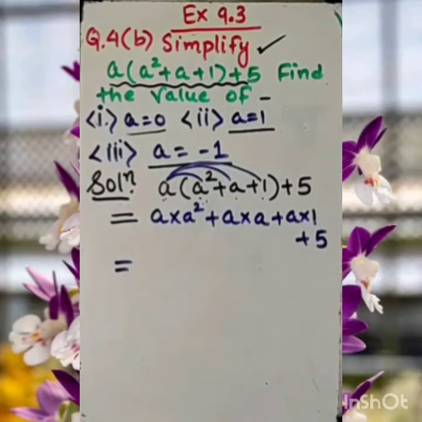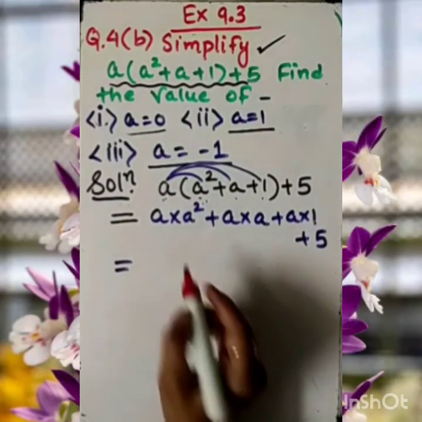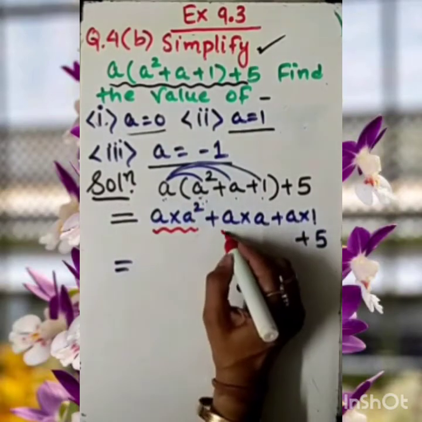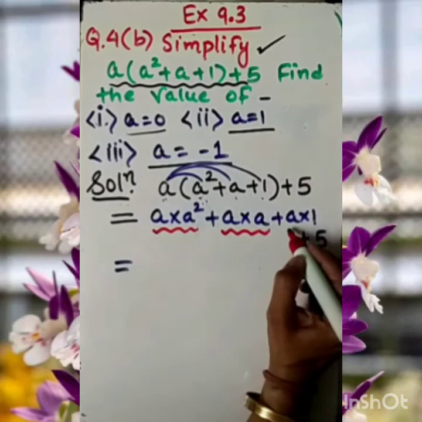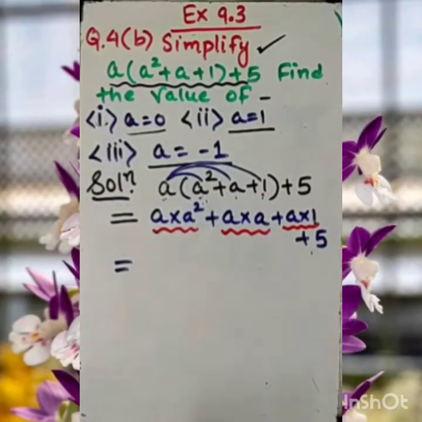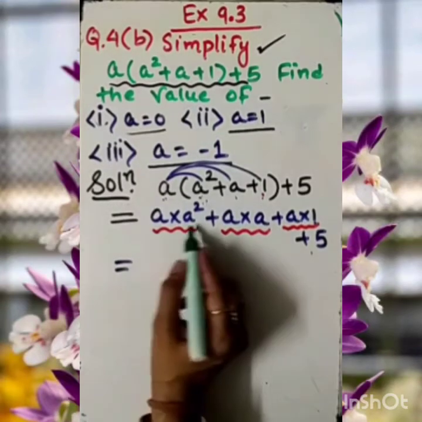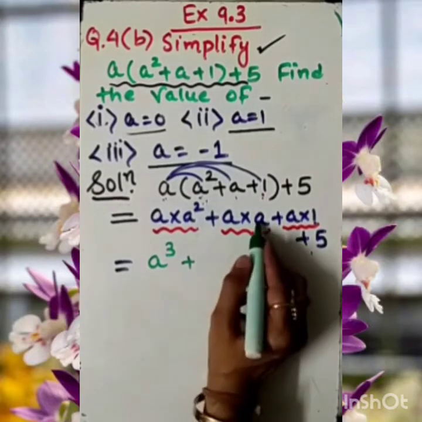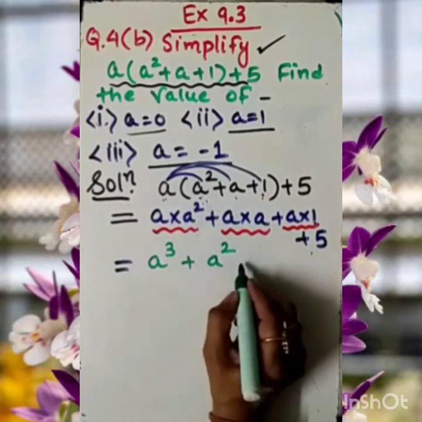What I have done, I am explaining again. First I multiplied the monomial with the first term, then with the second term, and then with the third term, and this additional term I kept as it is. So a into a square gives a cube. A into a gives a square.